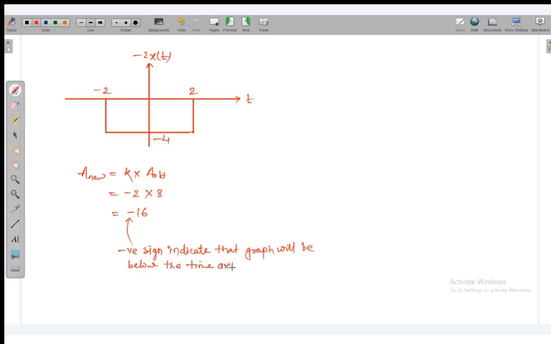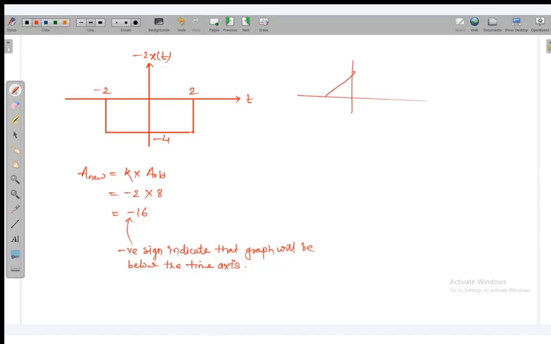Okay, if you are getting the negative area, that means it is below the time axis. Or you can also say that if you are having any signal below the time axis, you have to take its area negative. Okay, don't consider it positive.